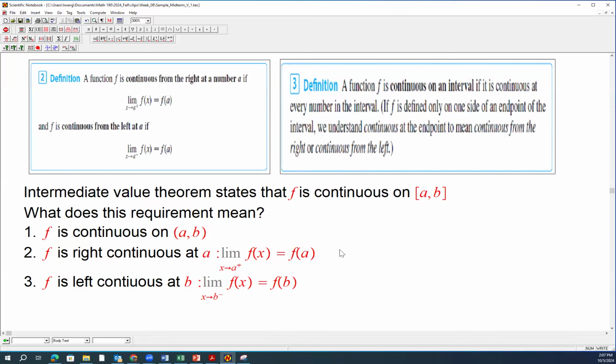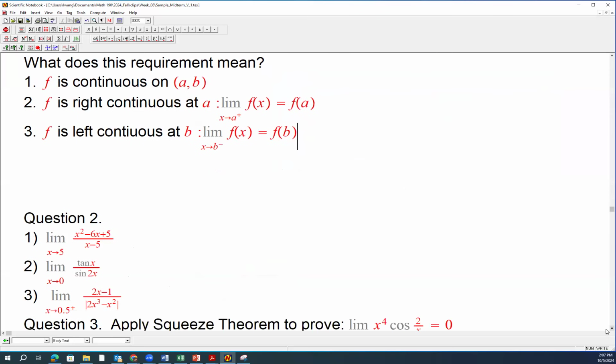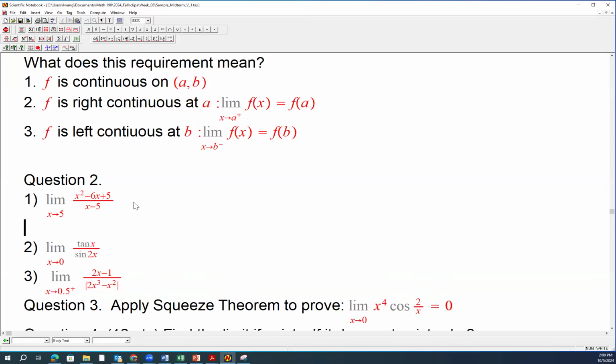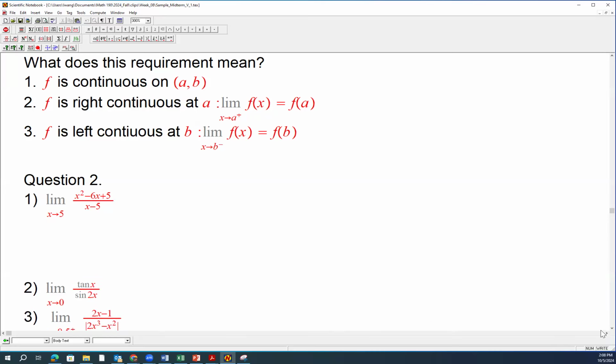I hope this time when you quote the intermediate value theorem, you really know what you're doing. So you must quote it properly. The second set of questions, I randomly selected 3 questions about limits. This should not be too hard for you.